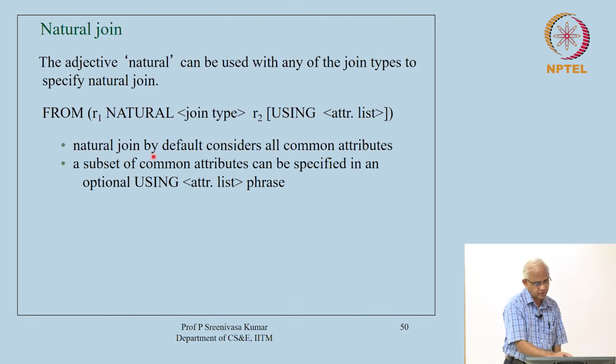What natural join basically does is consider all the common attributes between R1 and R2 and then enforce equality. In case you want to take a subset of these common attributes, then that can be specified using this optional using keyword, and you can specify natural join also.